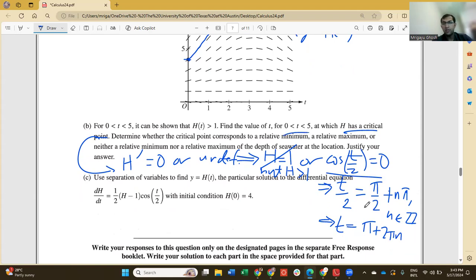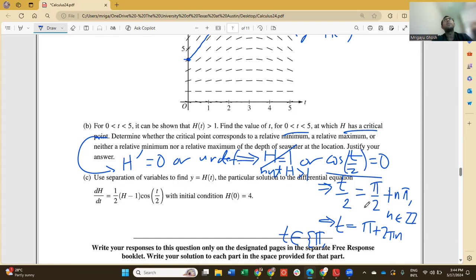Now, in this interval from 0 to 5, what would those values be? Well, pi minus 2 pi would be negative pi, so that would not be allowed. So the possible values are t is an element of this set, which could be pi. It could be pi plus 2 pi, which is 3 pi.